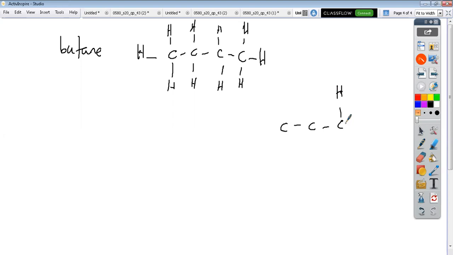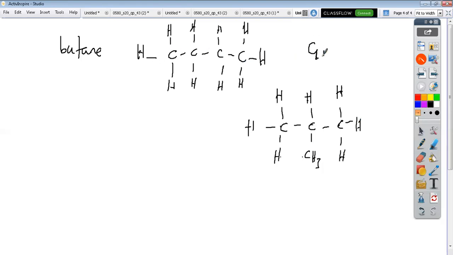Then I introduce a carbon here, a CH3. 1, 2, 3, 4 carbons. How many hydrogens? 1, 2, 3, 4, 5, 6, 7. 7 plus 3, 10.